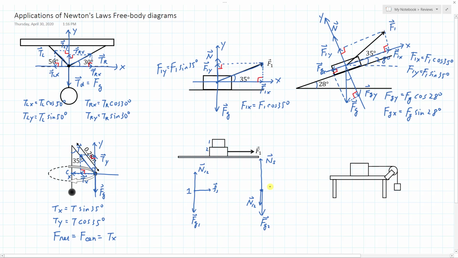What else? Well, this is complicated because the bottom pulls the top to the right with friction. That means the top pulls the bottom toward the left with the same exact friction. On top of that, there's also kinetic friction between the bottom and the surface below. So let's draw a second friction here. This is kinetic friction between the bottom box and the supporting surface.